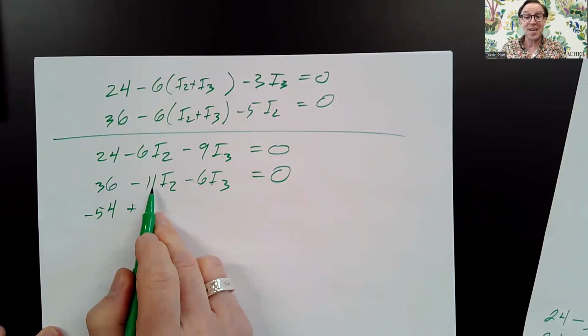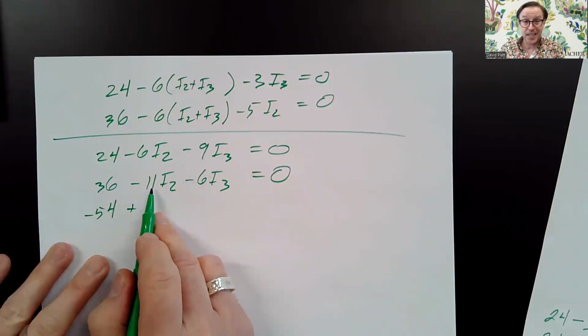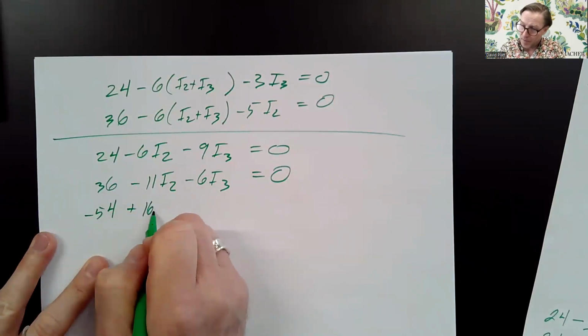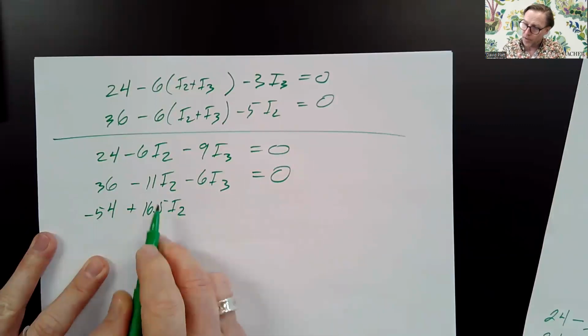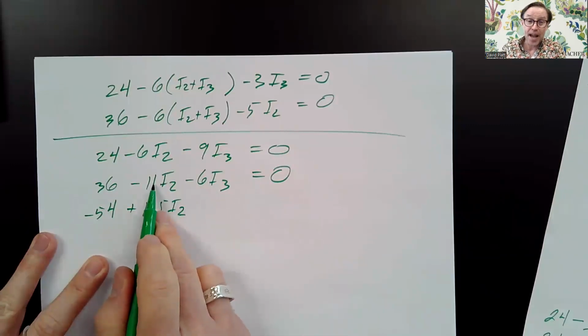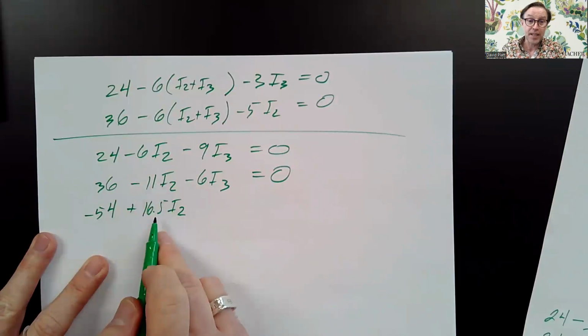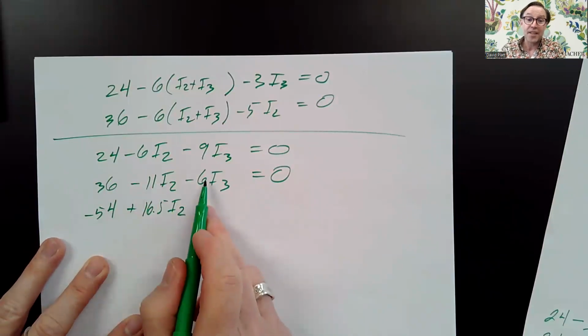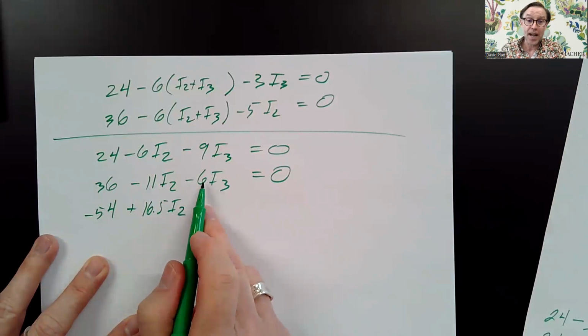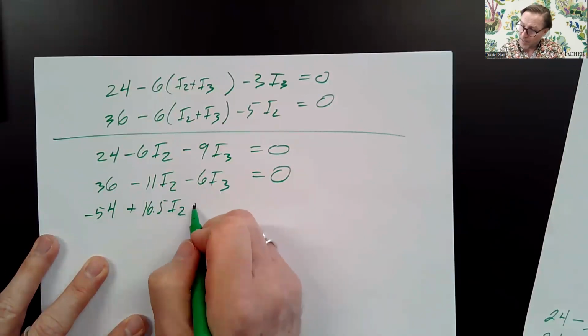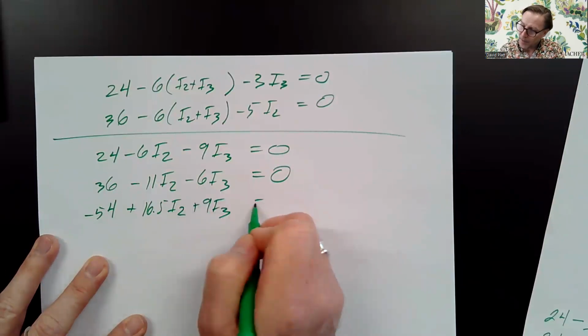11 times 1.5 is 16.5 I2. Half of 11 is 5.5. 5.5 plus 11 is 16.5. And then 6 times 1.5 is 9. Plus 9I3 equals 0.